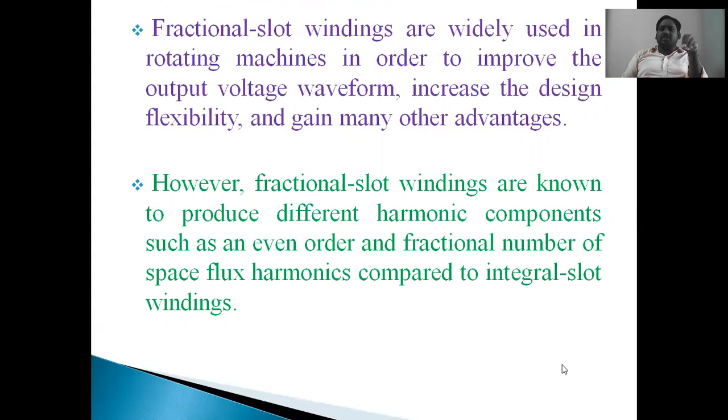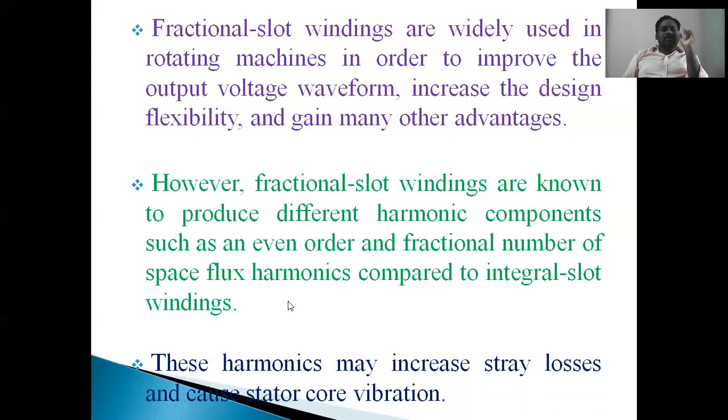In our EM3 subject also, we will discuss different types of harmonics in coming classes. Now these fractional slot windings produce even order harmonics and fractional number of space flux harmonics. These are the disadvantages of fractional slot windings.